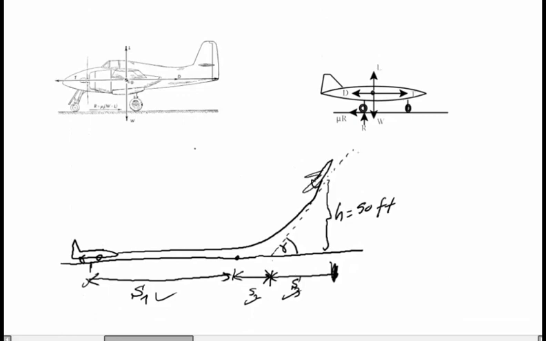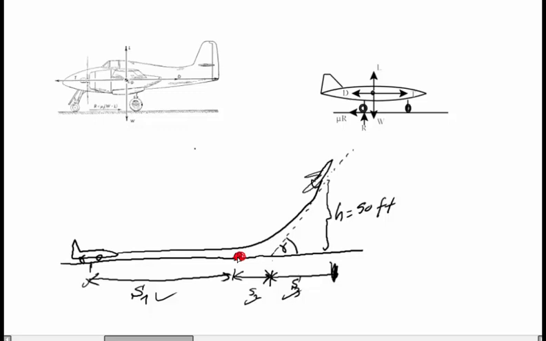First, the aircraft will accelerate along the runway until it reaches the speed at which enough lift force is generated to overcome the aircraft weight. The aircraft will accelerate until it reaches this point, which I mark in red here.